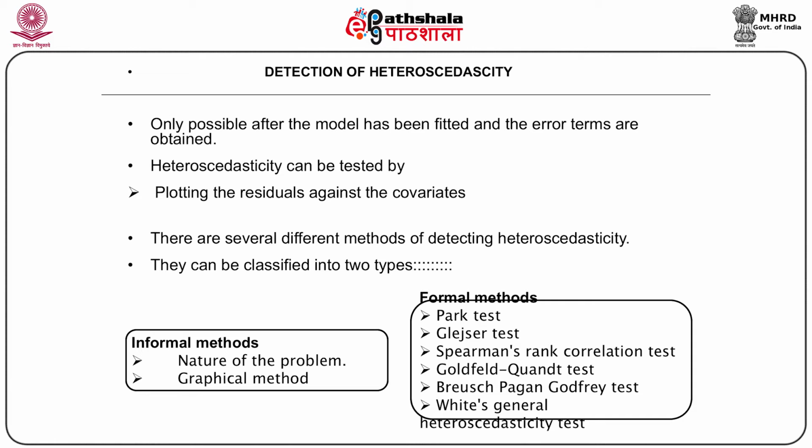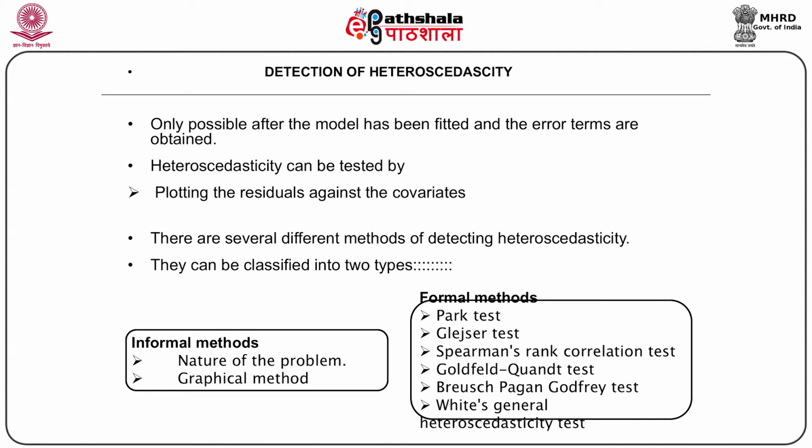When there is presence of heteroscedasticity in a model, we would definitely like to detect it before we fit the model with the data. Here are a few points that we have to keep in mind while detecting heteroscedasticity in a dataset. A detection of heteroscedasticity is only possible after the model has been fitted and the error terms have been obtained.